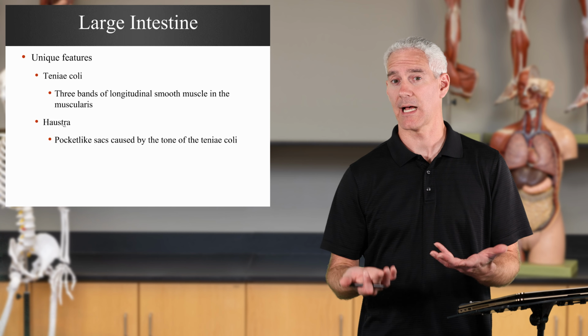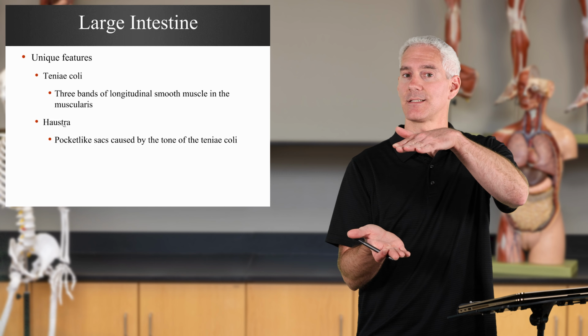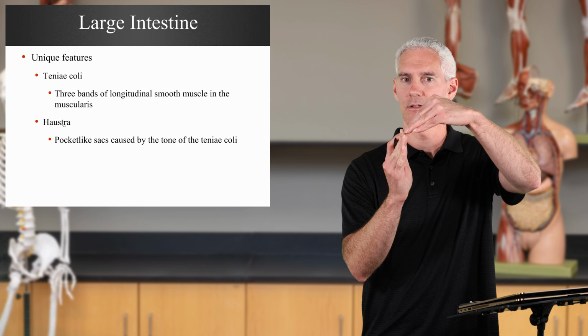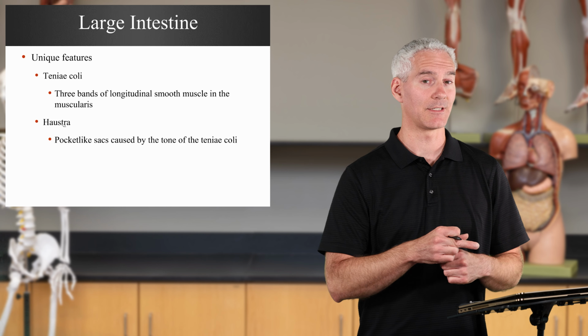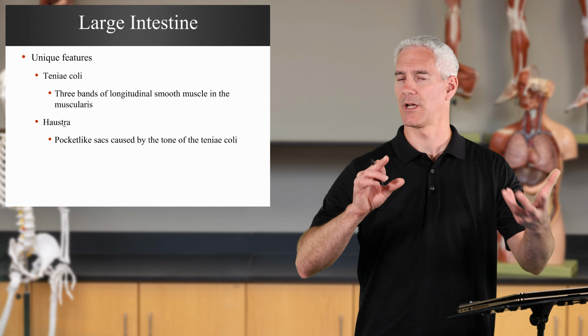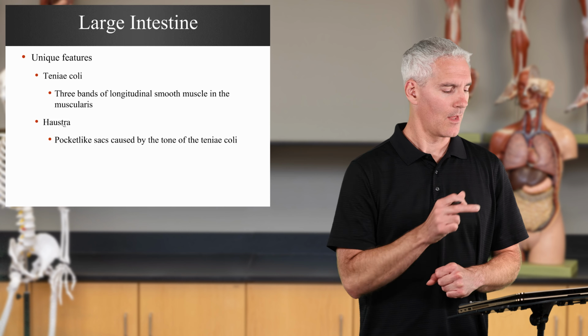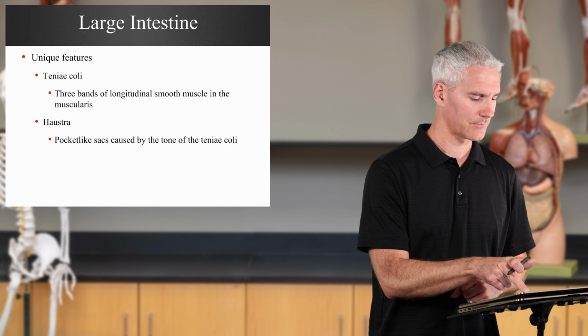So if someone's doing an autopsy, for example, you wouldn't see that, because the musculature relaxes and the haustra simply stretch out. An interesting fact there is that the entire GI tract after death gets longer because of relaxation. So these haustra are only visible when someone is alive.